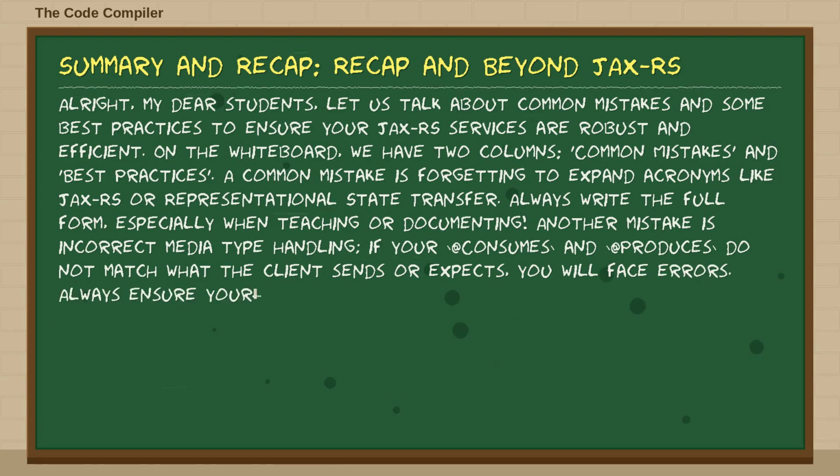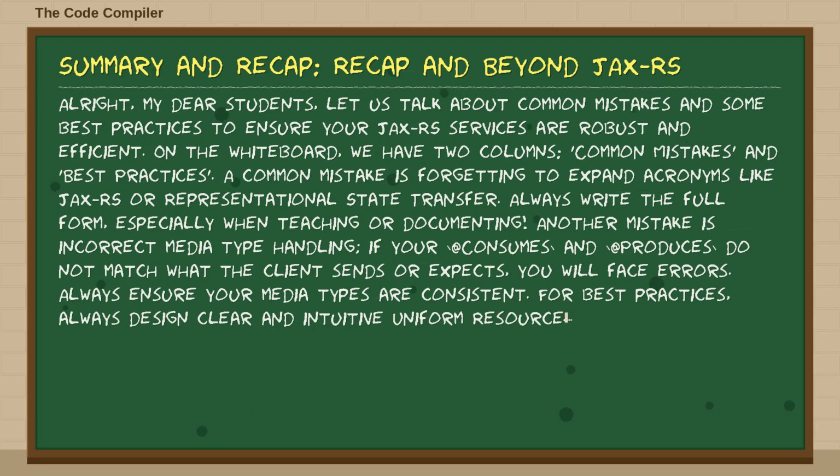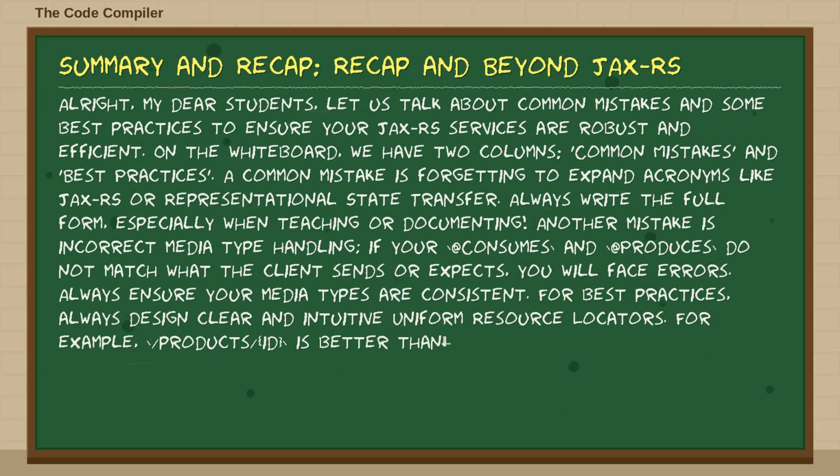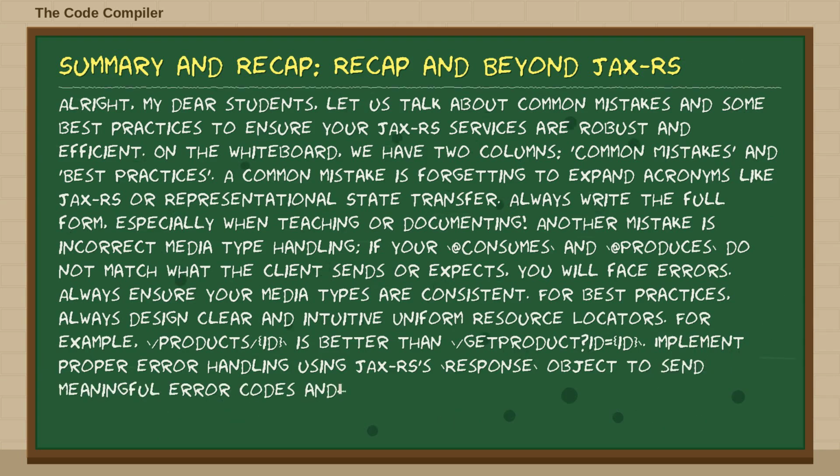For best practices, always design clear and intuitive uniform resource locators. For example, products slash ID is better than getProduct question mark ID equals ID. Implement proper error handling using JAX-RS's response object to send meaningful error codes and messages.